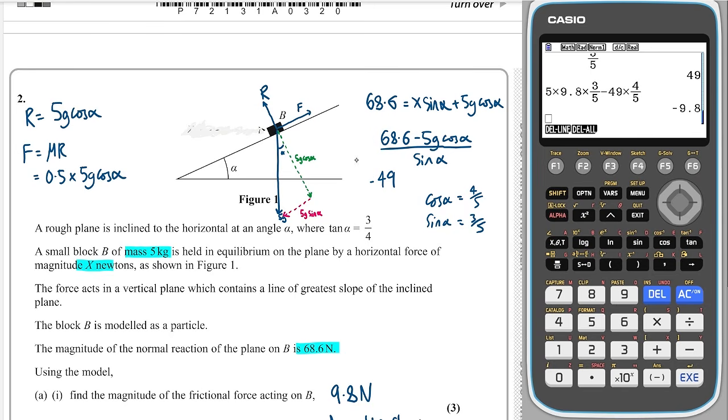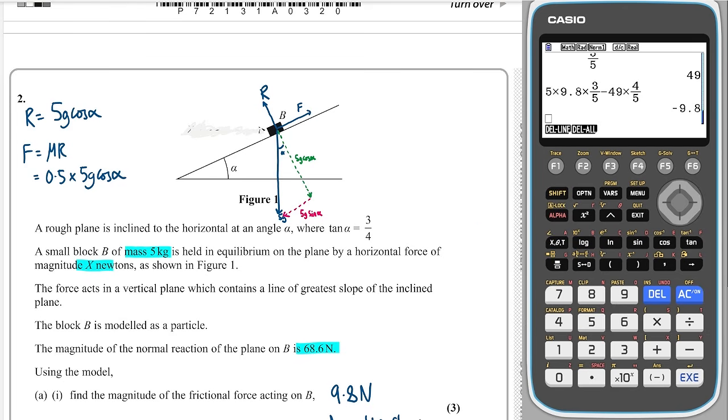Let's do F equals ma now, in order to work out the acceleration. The sum of the forces is equal to the mass times the acceleration. We're accelerating this way, so let's make that the positive direction.